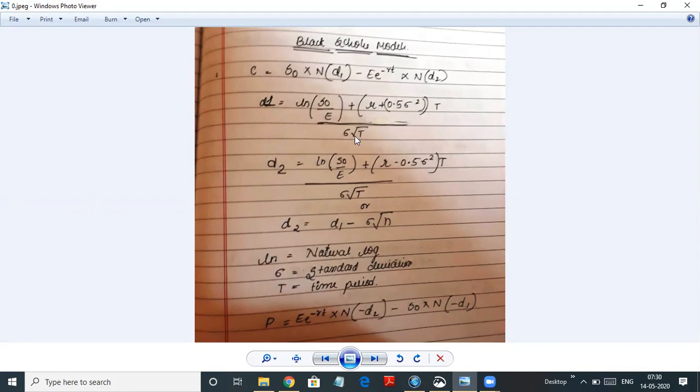If you have the value of D1, D2 is equal to D1 minus standard deviation into square root of T, it's the time period actually. Ln is natural log, standard deviation and time period, and the value for the put option is here. So let's begin with the sums.